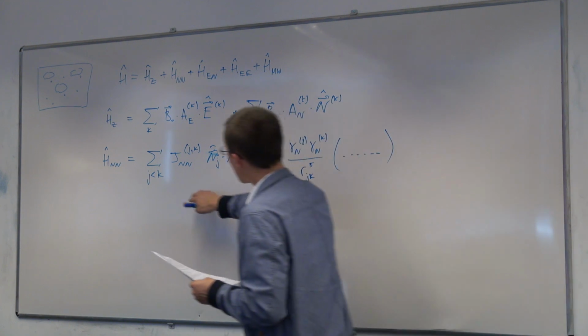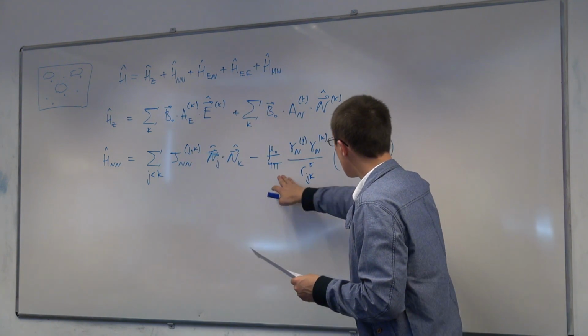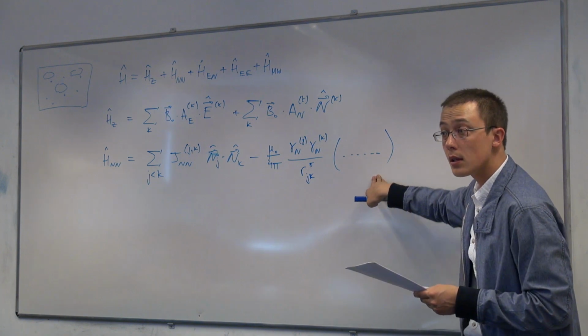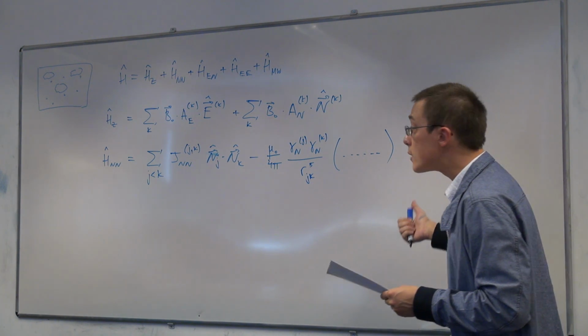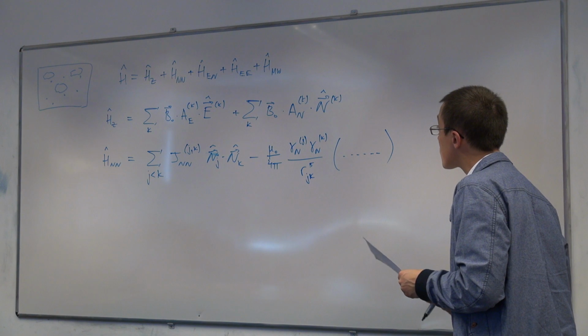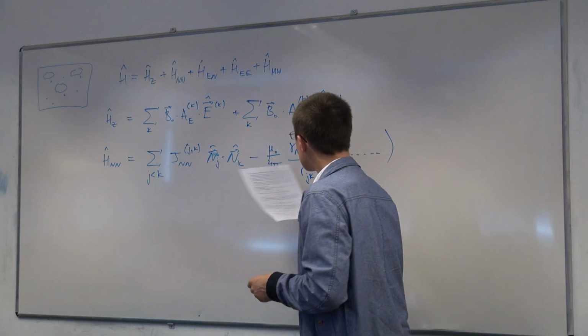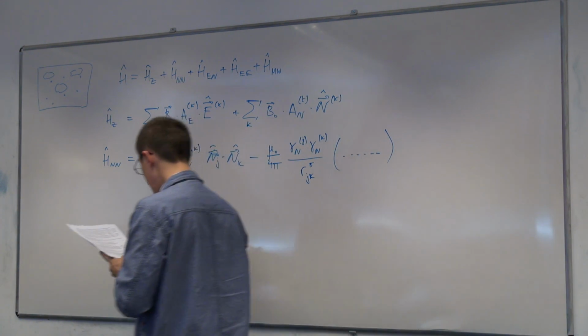So this is orientation independent, whereas this rotates as a second rank tensor in the way that we discussed in the rotation lecture. So both this and this need to be included.